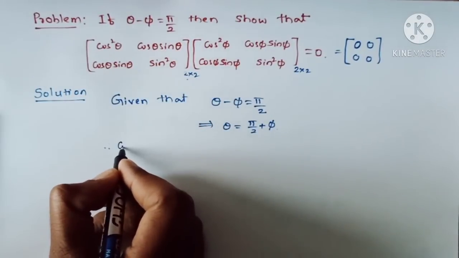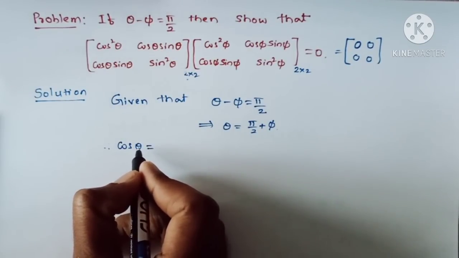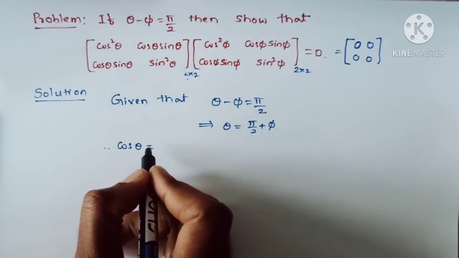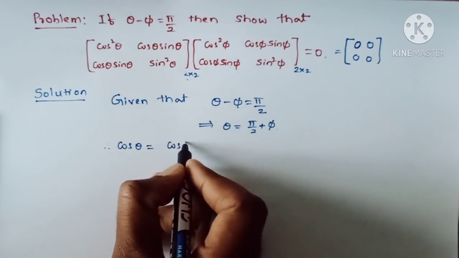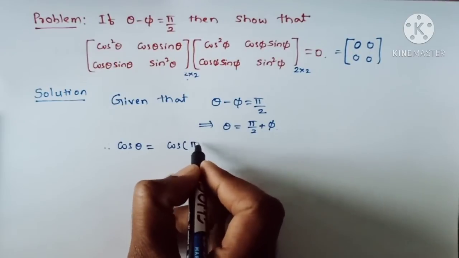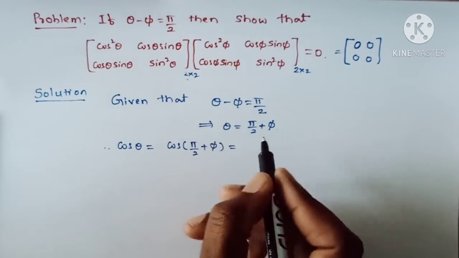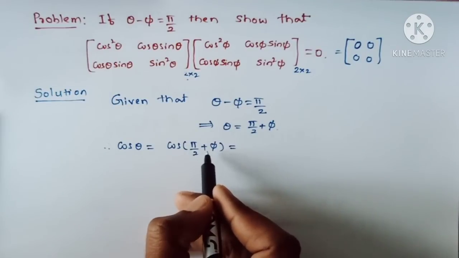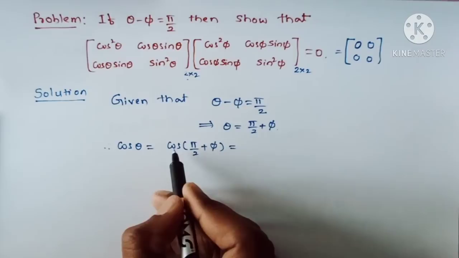Therefore here cos theta, I am converting this theta in terms of pi, so that we can write cos theta as cos of pi by 2 plus phi. So pi by 2 plus phi means 90 plus phi, which lies in the second quadrant.